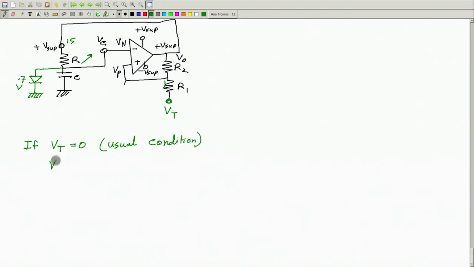And if I make V T less than 0, V T equal to negative, okay, sufficiently negative, then this is like triggering this Smith trigger. So this is the triggering.